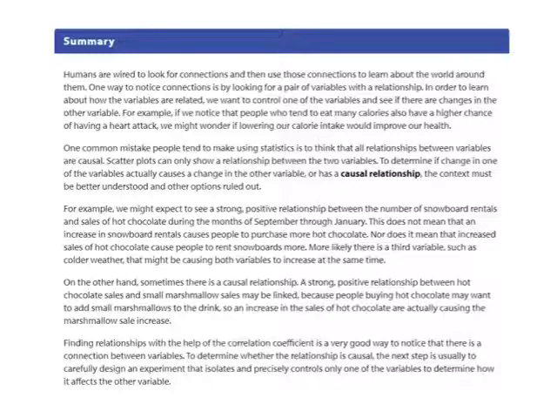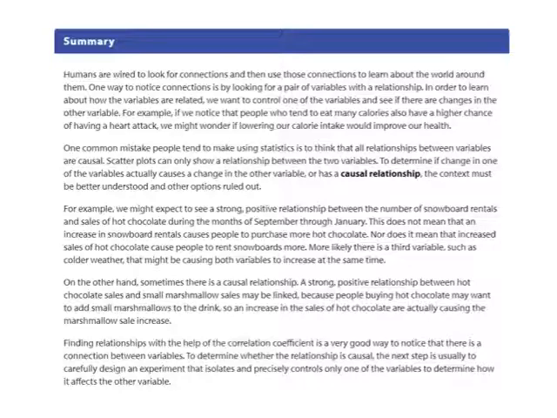There's no causal relationship between these two variables. Nor does it mean that increased sales of hot chocolate cause people to rent snowboards more. There's really probably a third variable, such as the temperature, that causes both variables to increase at the same time.